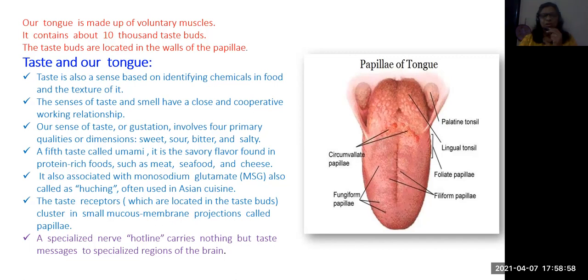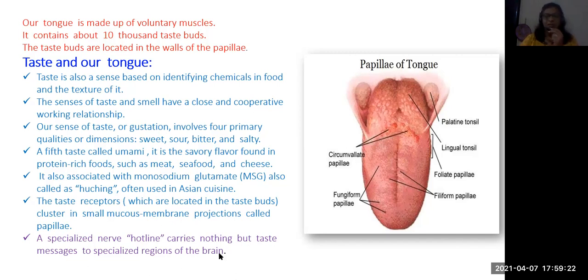And the small mucous membranes which have projections, you can see when you open your tongue, you can see the swelling parts like that, dot, dot, dot, isn't it? So those are nothing but what we call papillae. A specialized nerve hotline carries the taste message to specialized regions of the brain.